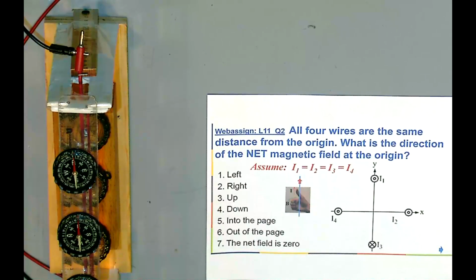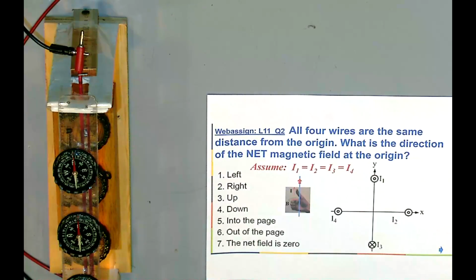I want to predict what might happen with these magnets if I turn the current on. And well, this rule tells us what should happen. If I have that physical ability, I can grab the wire, or I can imagine that I'm doing that, and the thumb should point in the direction of the current.